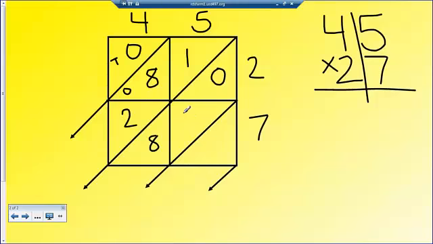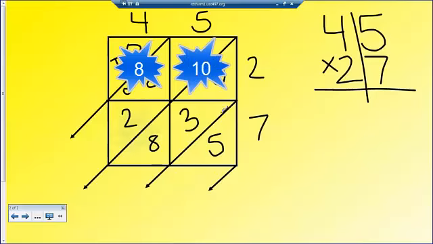This product is 35. So 3 goes in my top triangle or tens triangle and 5 goes in my bottom triangle or ones triangle. Now I have finished all of the basic facts and my boxes are filled.